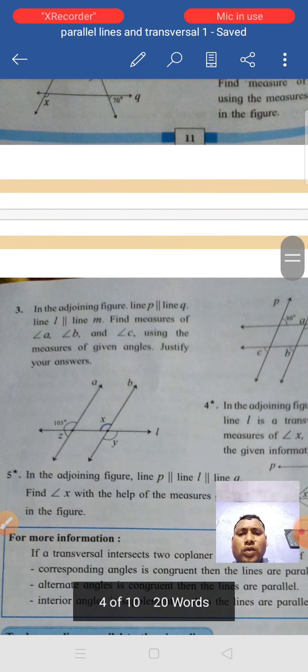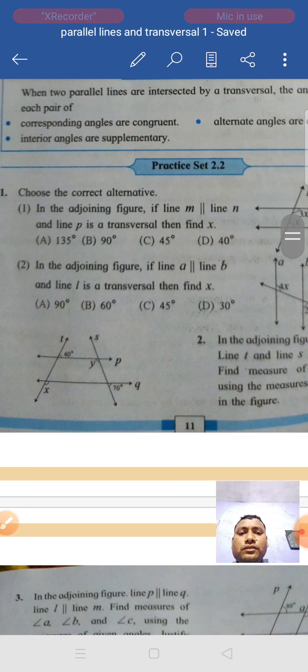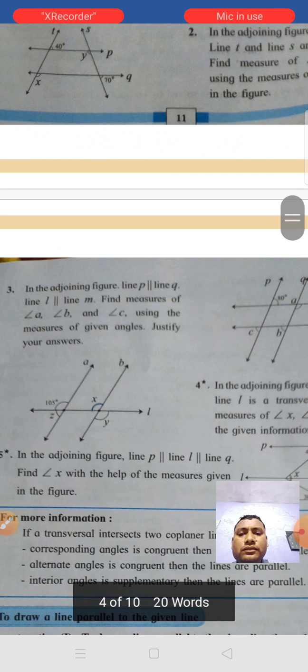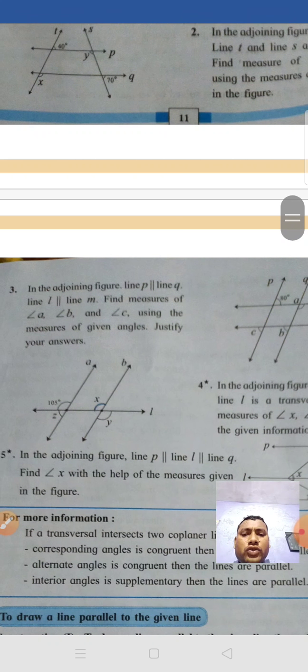Now let us move toward question number 3. In the adjoining figure, line P is parallel to line Q, line L is parallel to line M. Find the measures of angle A, angle B, angle C using the measure of the given angle and justify your answer.